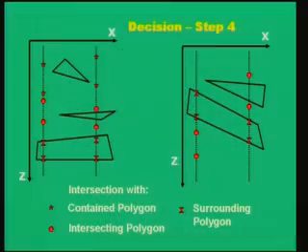In this case, the decision step could fail if you are looking at the z extents. Z extents of the intersecting polygon, although the intersecting polygon is behind, but its z coordinates of intersections with these 4 lines which are parallel to z axis are in front of the surrounding polygon. So, this test may fail. It is not a good test to ensure that the surrounding polygon is in front.